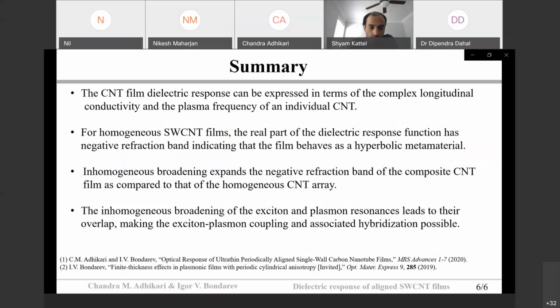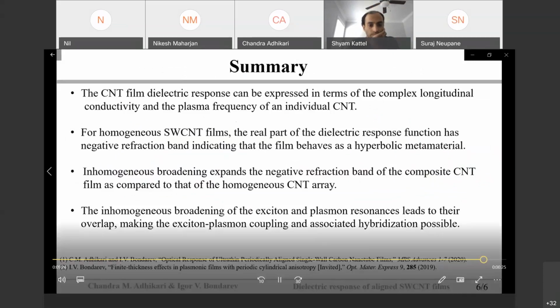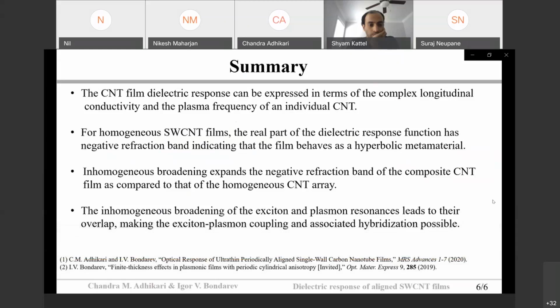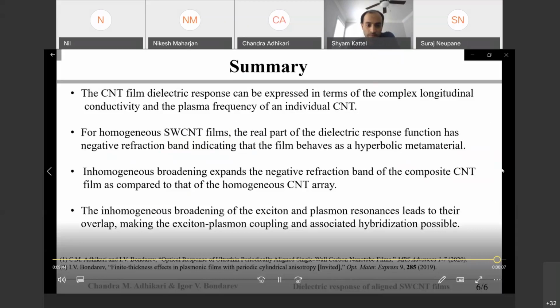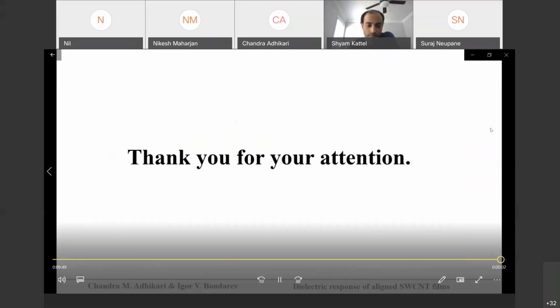For homogeneous single-wall carbon nanotube films, the real part of the dielectric response function has a negative refraction band, indicating that the film behaves as a hyperbolic material. In the inhomogeneous array, the broadening of the exciton and plasmon resonance leads to their overlap, making the exciton-plasmon coupling and associated hybridization possible. Thank you.